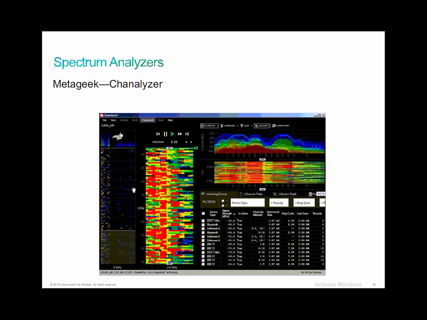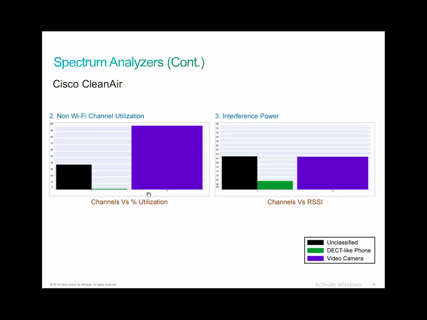So this is going to measure RF signals in the 2.4 gigahertz spectrum and the 5 gigahertz spectrum. We can detect things like co-channel interference and overlapping channels. We can see and identify non-Wi-Fi interferers in the RF space, and it is OS based. Okay. Cisco Clean Air is another option. We see that one here.